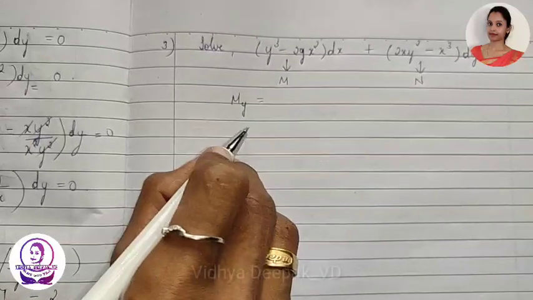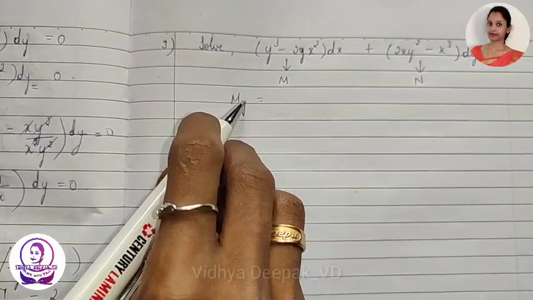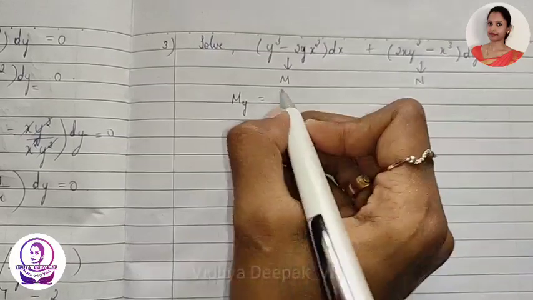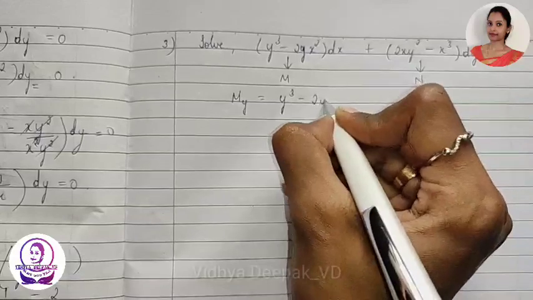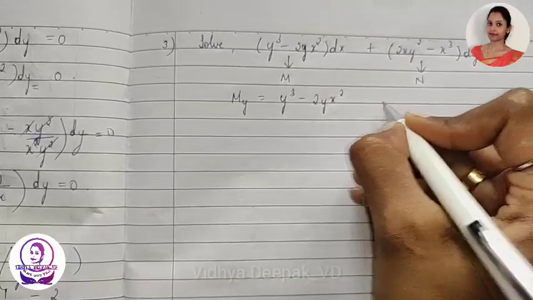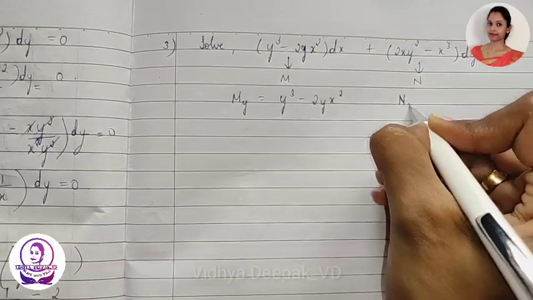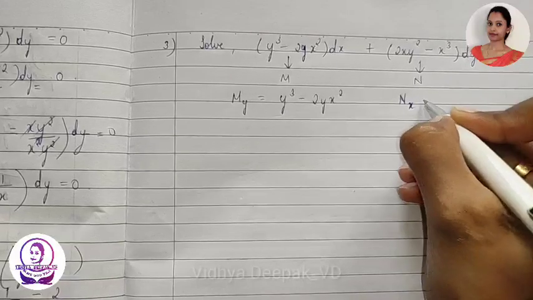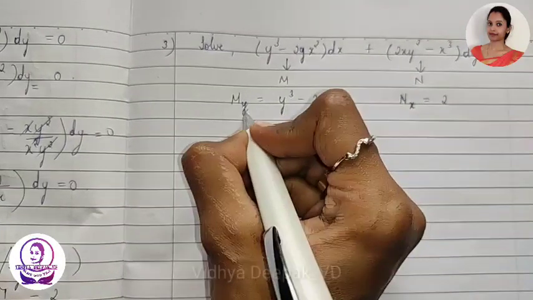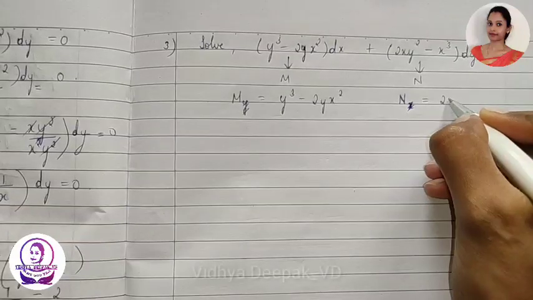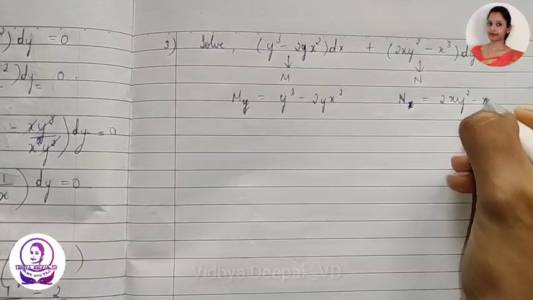We can also write it this way, but don't write above here, that becomes M into y. So we have M = y³ - 2yx². What is N x, that is ∂N/∂x? We are writing M and N, sorry, N = 2xy² - x³.